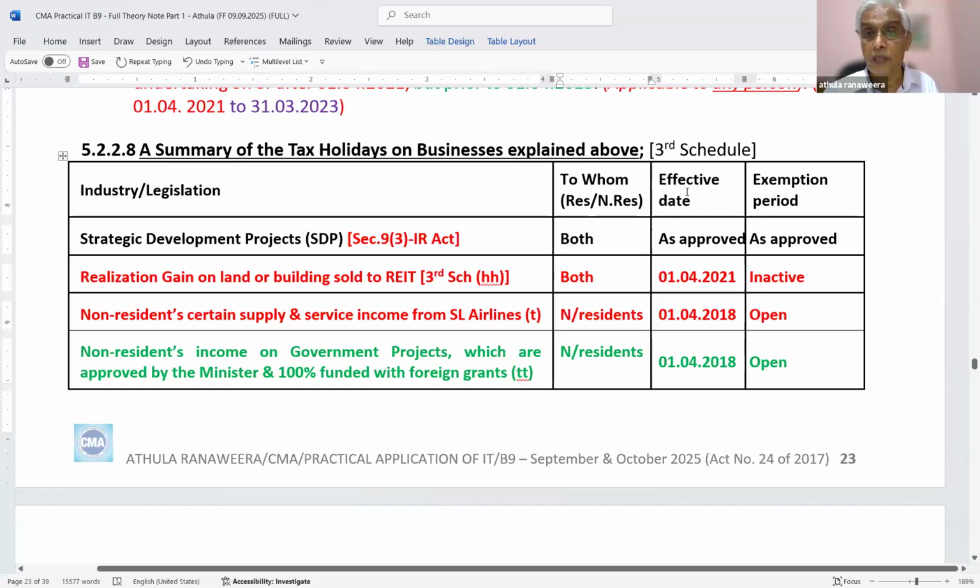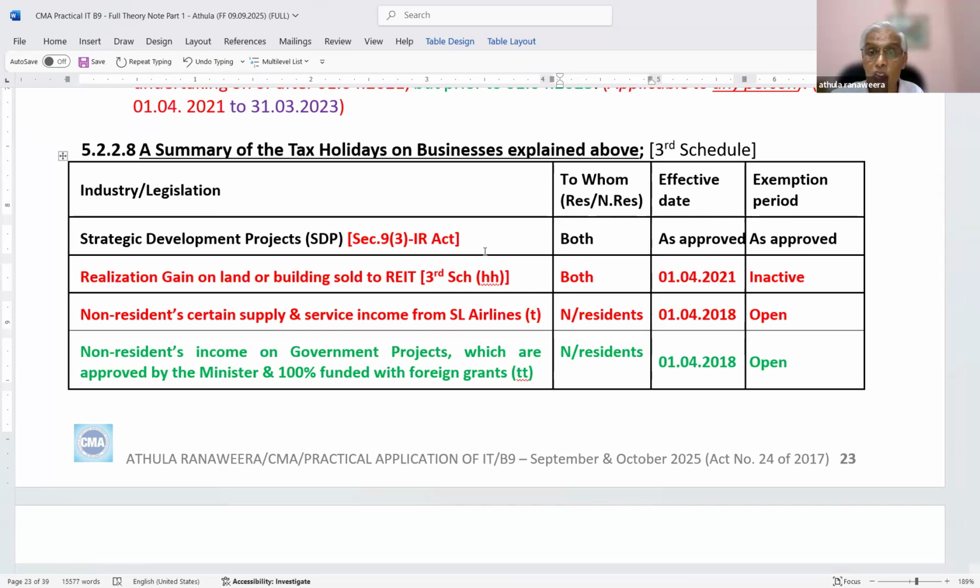Then the effective date, from which date, then the exemption period, up to which date the exemption is there. All these are headings I have given. Now, the majority of these exemptions are no more there.